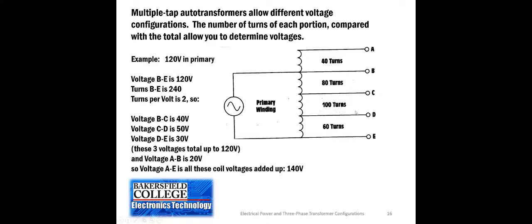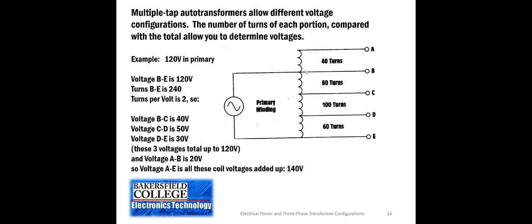So to find the voltage, we can multiply the number of turns times 2, and that will give us the voltage coming out of the transformer. Remember, the whole primary is from E to B. But if we go between any two of these, we can get a multitude of different voltages.